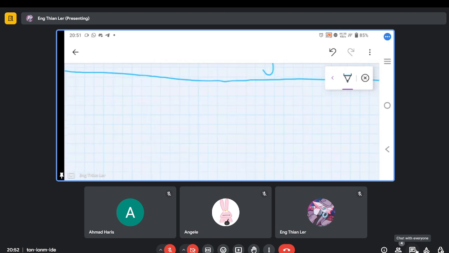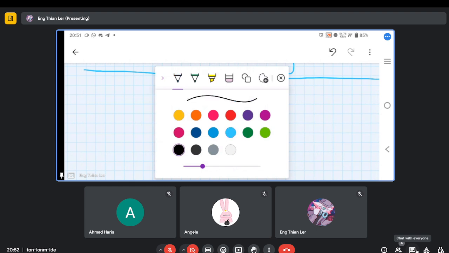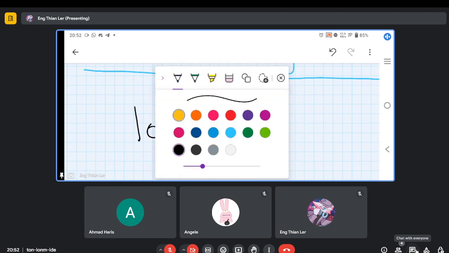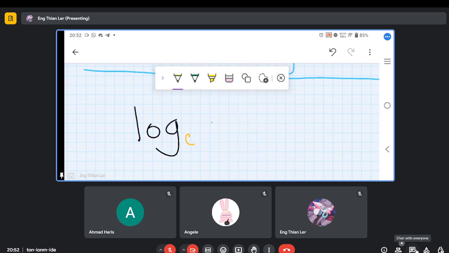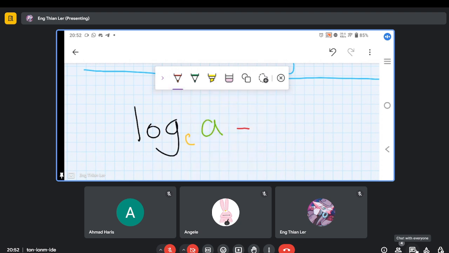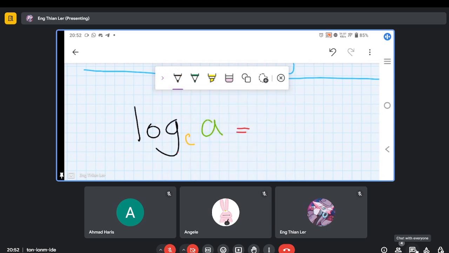Okay, so we have three numbers here. We got our log, and then this is the base, and this is the number it equals to.